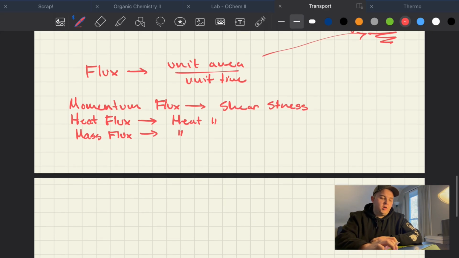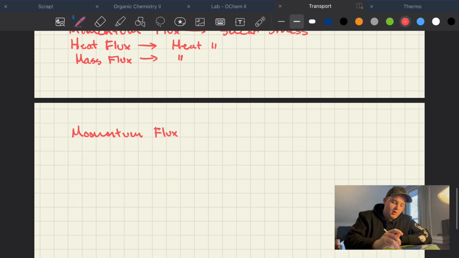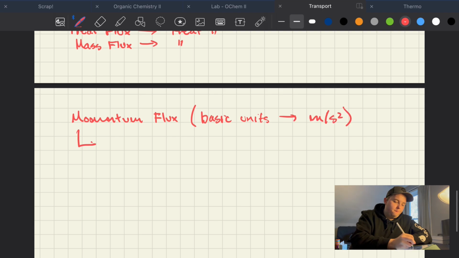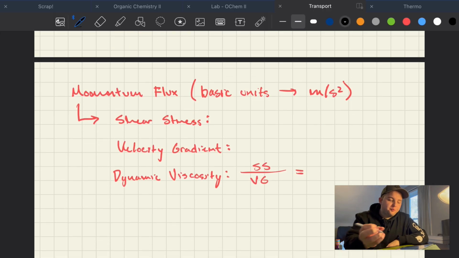So now we're going to start with momentum flux and show how to get to basic units of meters squared per second. Okay, I've just given myself a little outline to remember everything.